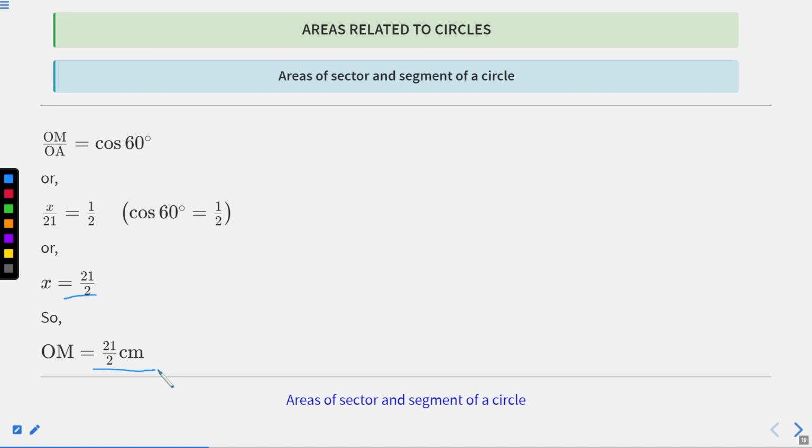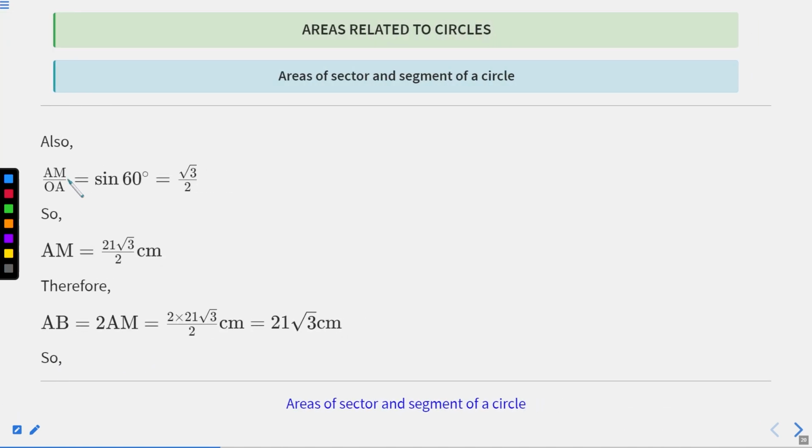Also AM by OA is equal to sin 60 degree, that is equal to root 3 by 2, so AM is equal to 21 times root 3 by 2 centimeter, and therefore AB is equal to 2 times AM, and this is equal to 2 times 21 root 3 by 2 centimeter, that is equal to 21 times root 3 centimeter.